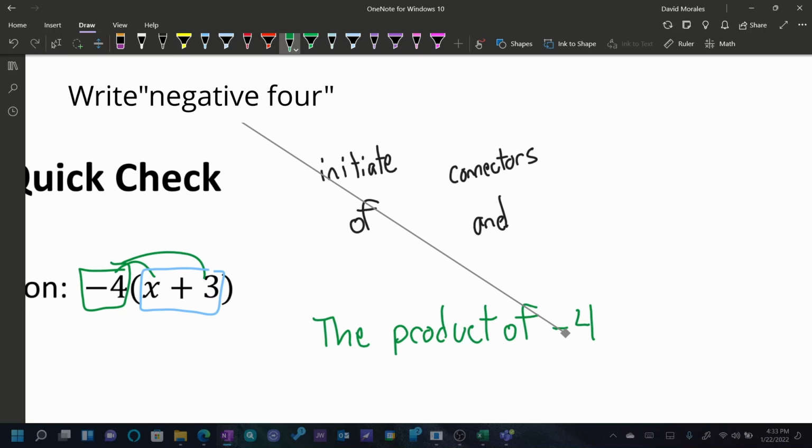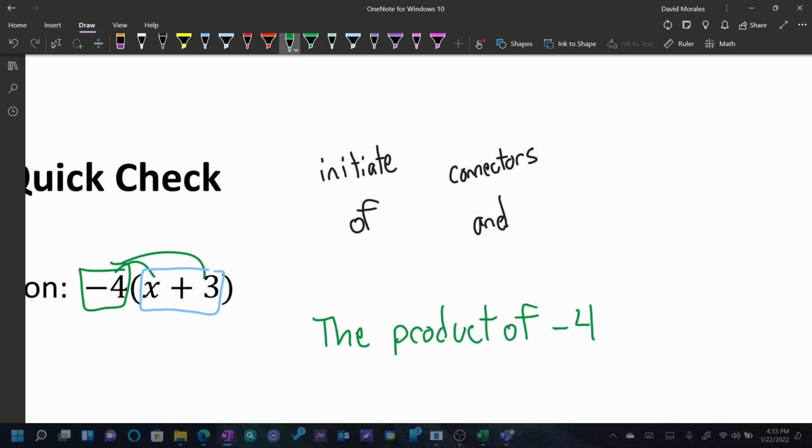And that's my first participant in the multiplication. Who's my second participant? A whole group. The second participant is an actual group that's adding each other. So this -4 is not adding to x and 3. It's multiplying to it. X and 3 are not multiplying each other.